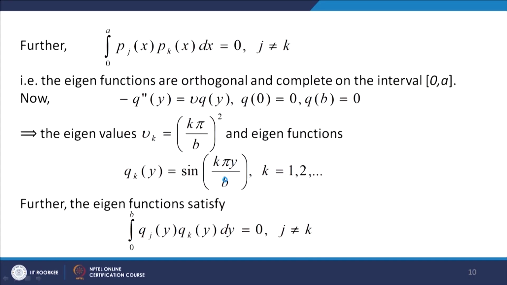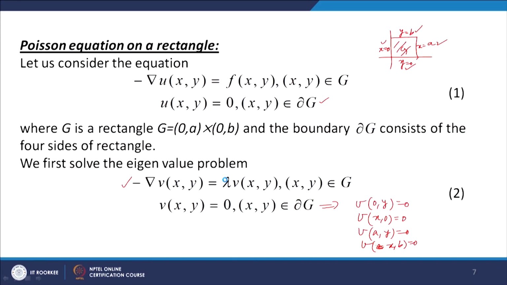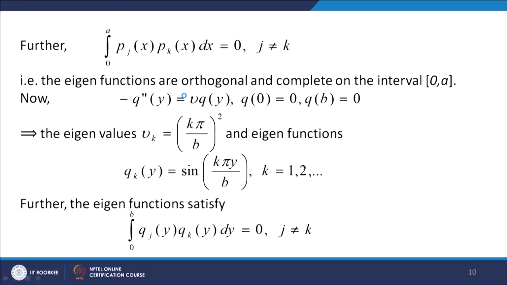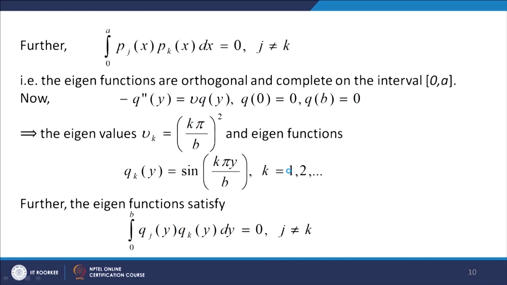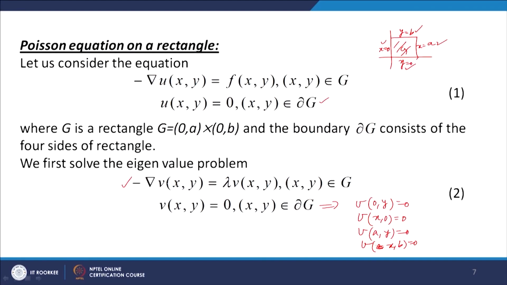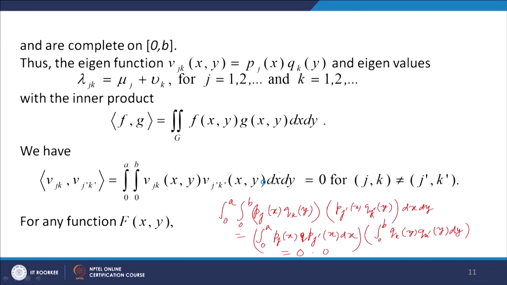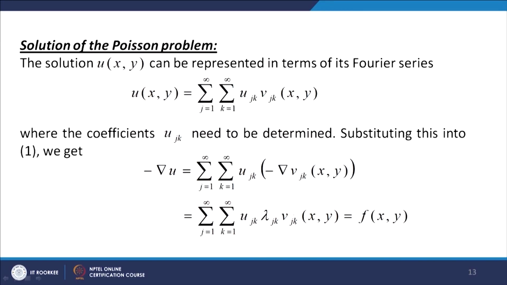We have this equation, minus del u equal to f(x,y). Minus del u equals sigma j equal to 1 to infinity, k equal to 1 to infinity, u_jk times minus del b_jk(x,y), and this is sigma of u_jk lambda_jk b_jk(x,y), by the eigenvalue equation, and this is equal to f(x,y).